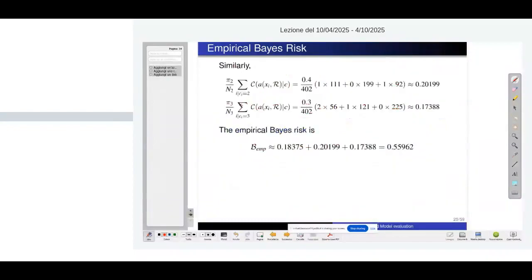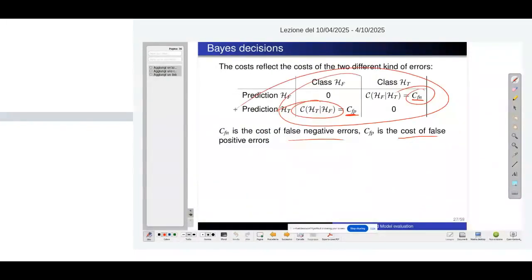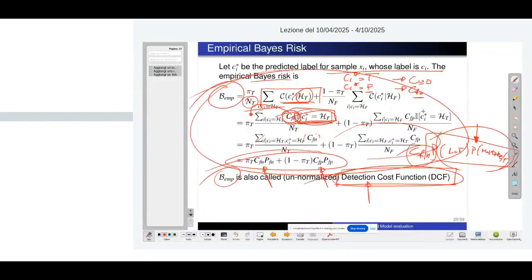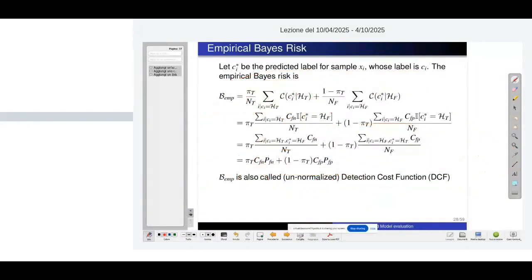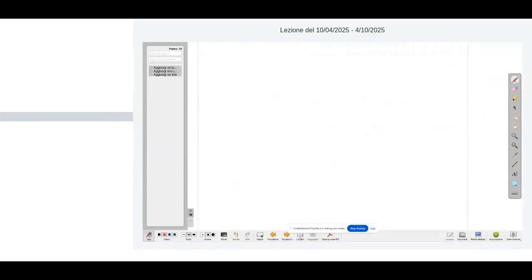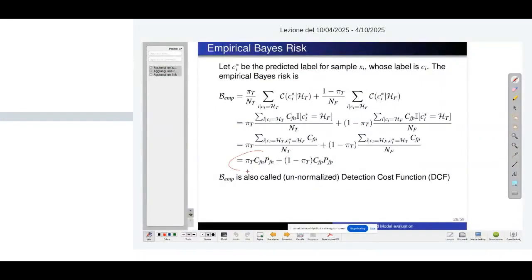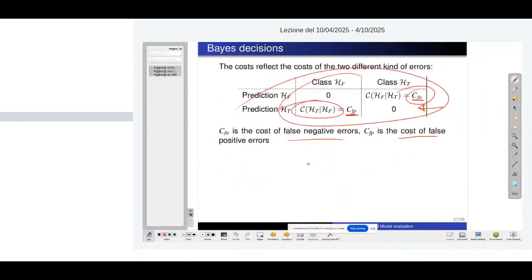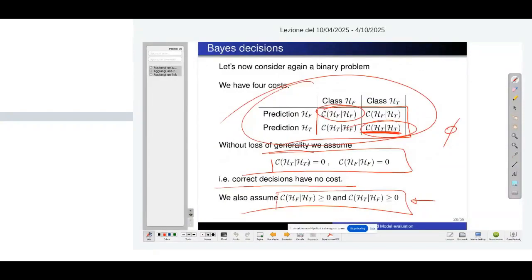We just made some assumption we could show can be used to transform any problem that is binary into an equivalent problem where the costs are equivalent, in the sense that they give us equivalent answers for all the questions we could ask, but we will not see how this is possible. So for us, it's just the Bayes error rate for a problem where the cost of correct classification is 0 and the costs of false positive and false negatives are greater or equal than 0.